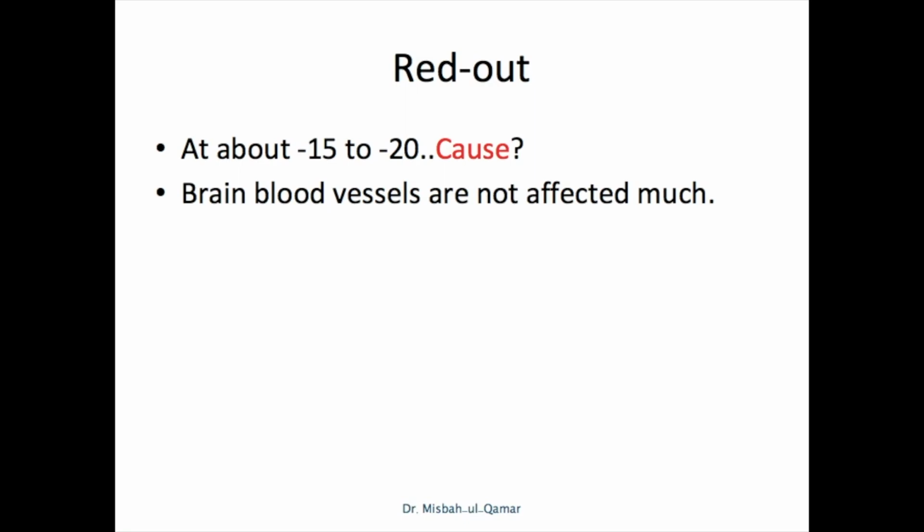Here the interesting thing is that the blood vessels in the brain may not be affected much because of the cerebrospinal fluid, because when blood accumulates in the brain, there is a simultaneous cooling of the CSF in the cranium, and the high pressure exerted by the CSF acts as a cushion or a buffer, and it protects the blood vessels of the brain.